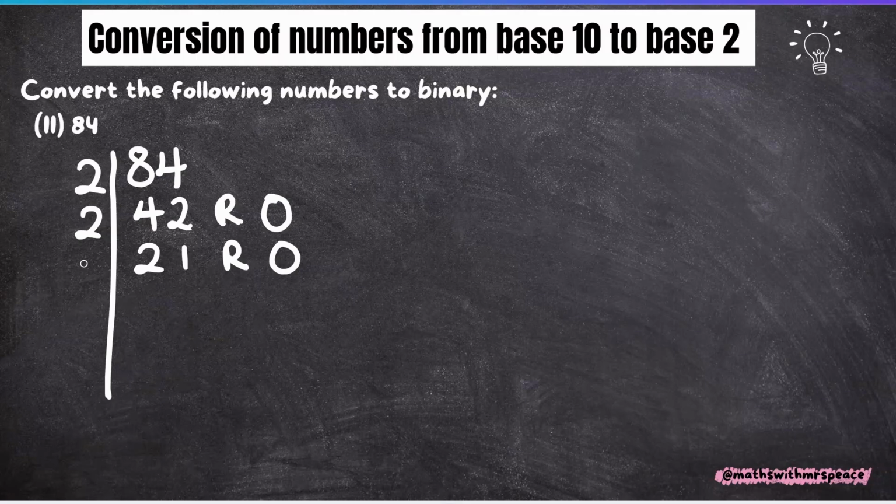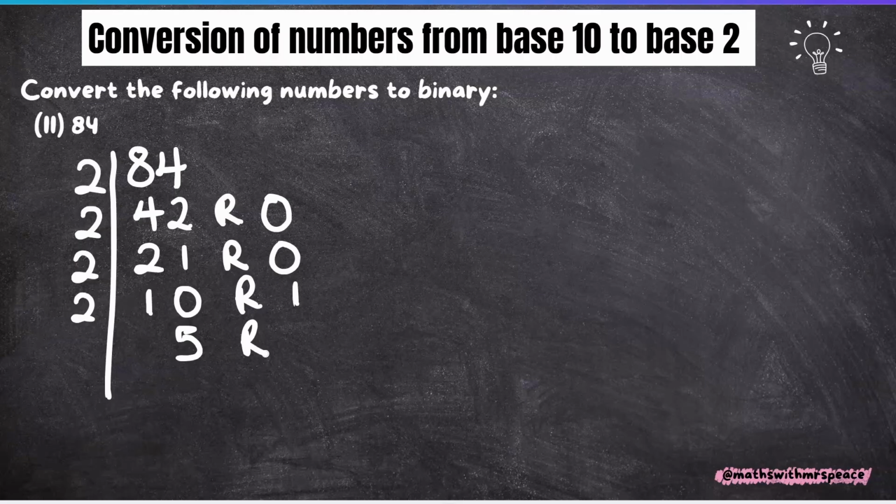For 21 divided by 2, we're going to get 10, remainder 1. 10 divided by 2 will give us 5, remainder 0. 5 divided by 2 will give us 2, remainder 1.